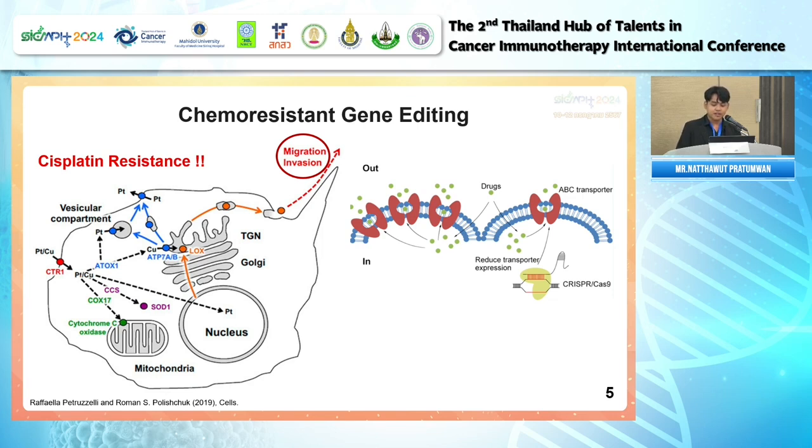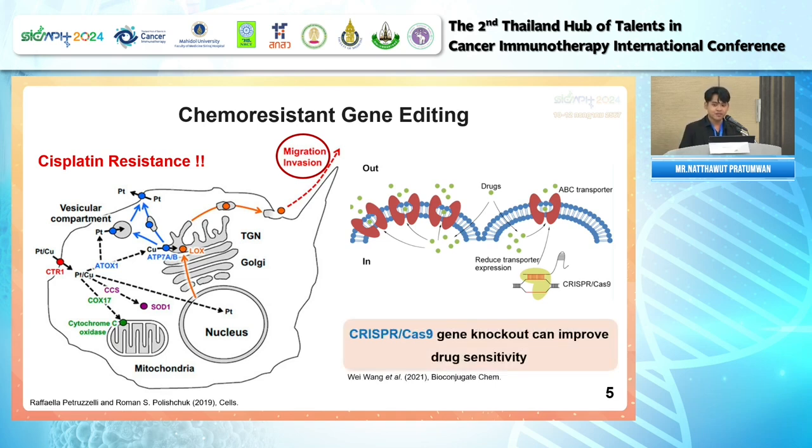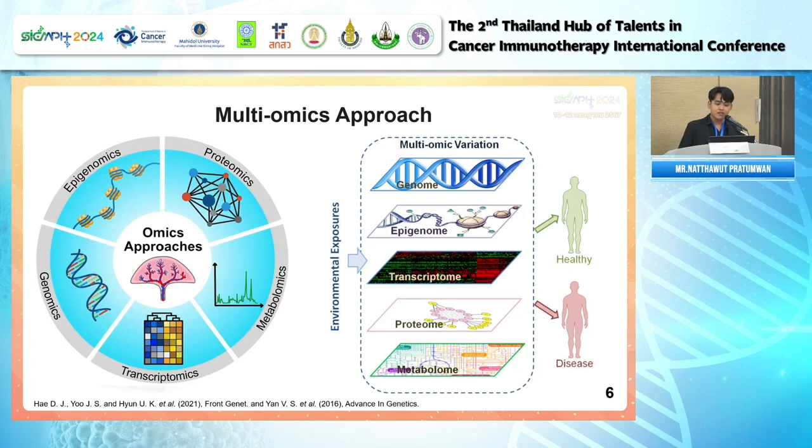CRISPR-Cas9 has the potential to knock out this protein and then improve drug sensitivity. Next, I would like to talk about the multi-omics approach.